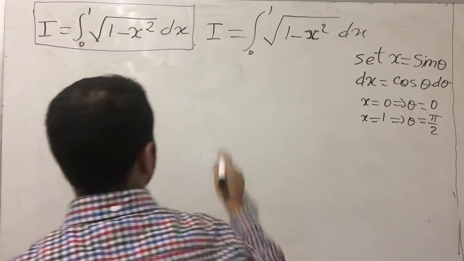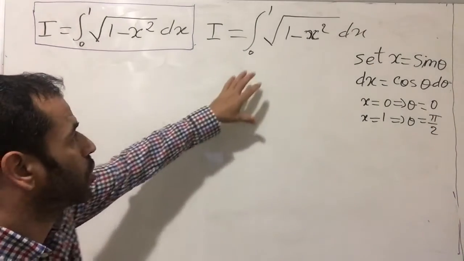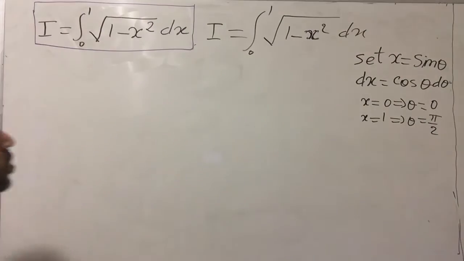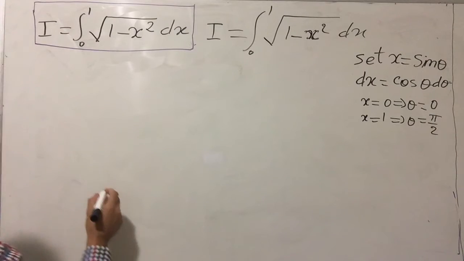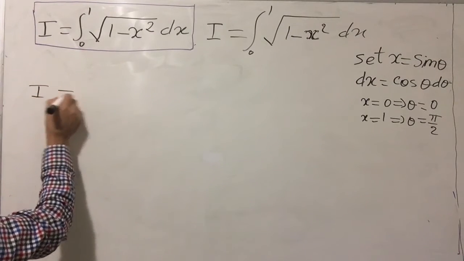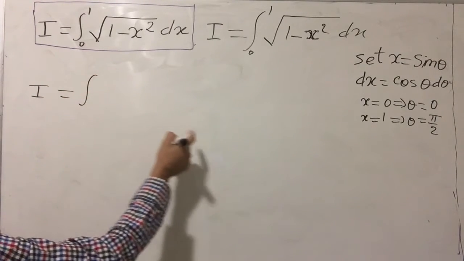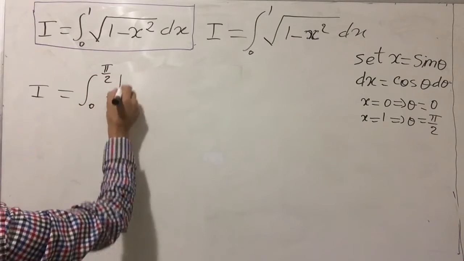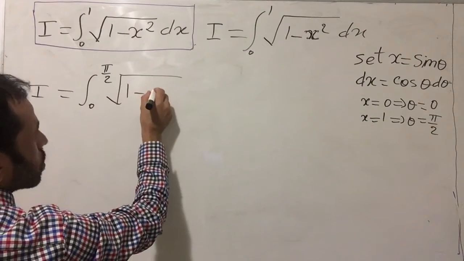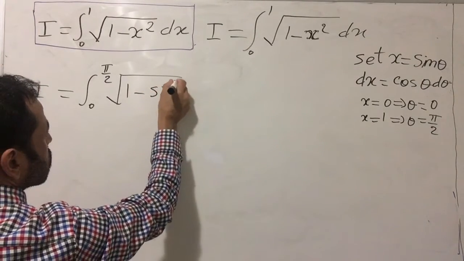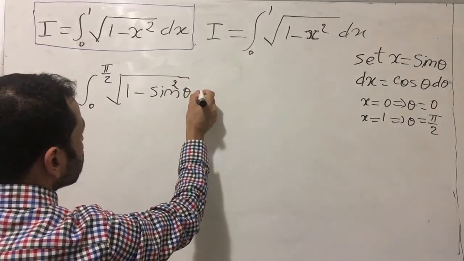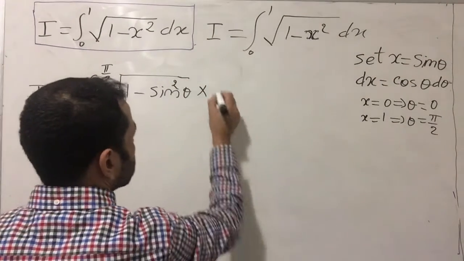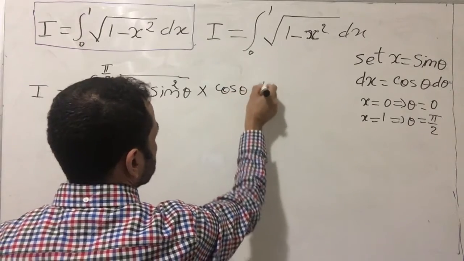Now I'm going to change this integral into a new integral in terms of theta. So I becomes the integral from 0 to pi over 2 of the square root of 1 minus sine squared theta, multiplied by dx, which is cosine theta d theta.